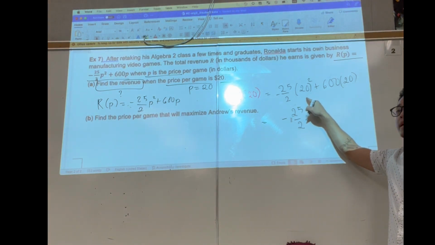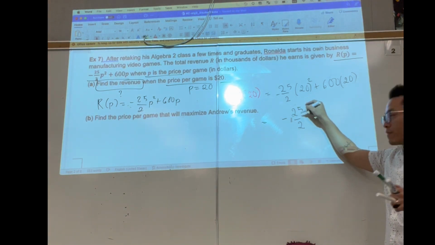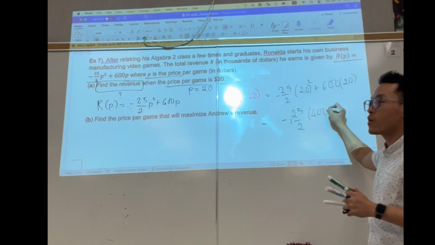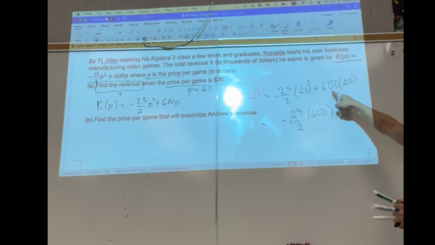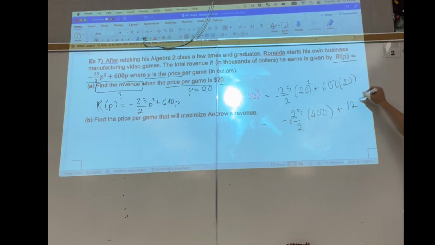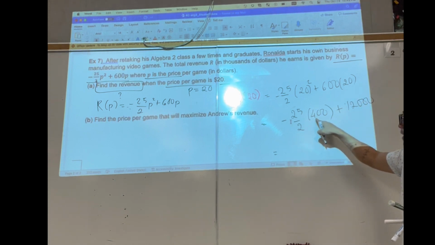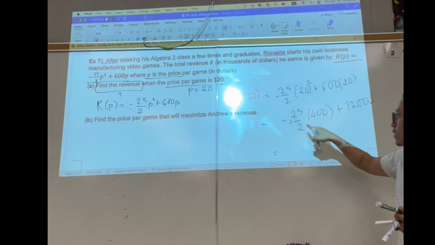What is 20 squared? 400. You do it very slow? Yes, because you're going too fast. What is 600 times 20? You know how to multiply with a lot of zeros like this? Just multiply the number first. 6 times 2 is 12. How many zeros? 1, 2, 3. Here, you can multiply first or divide first.